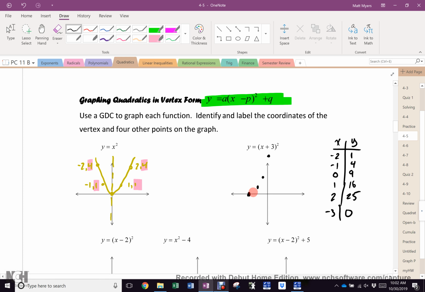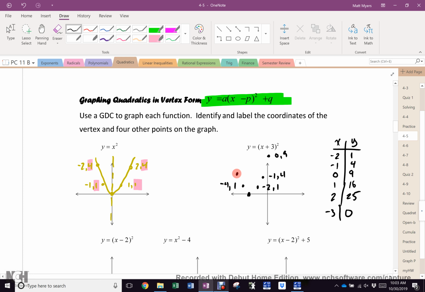Right? Everyone sees this? Now, once I have my vertex, this is -2, 1, correct? This is -1, 4, correct? This is 0, 9, correct? Well, what's this one going to be? You just saw it over here. -4, 1.